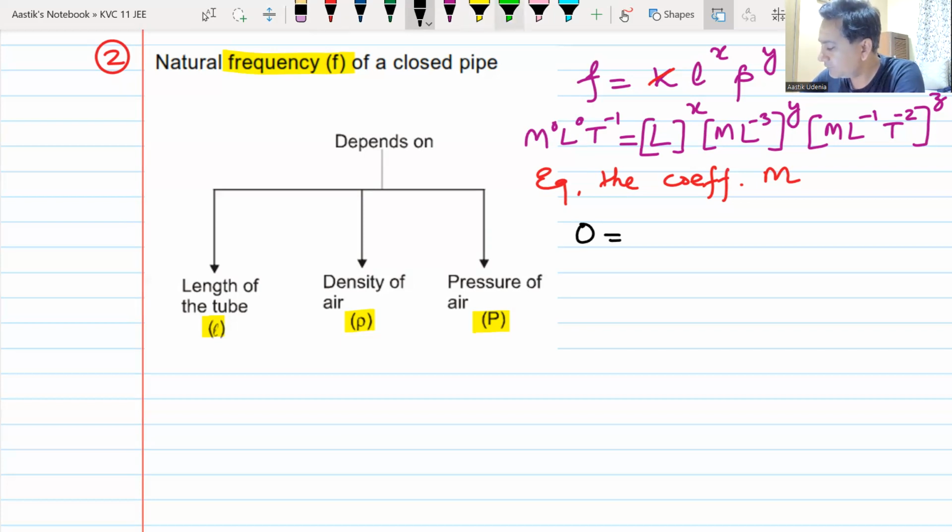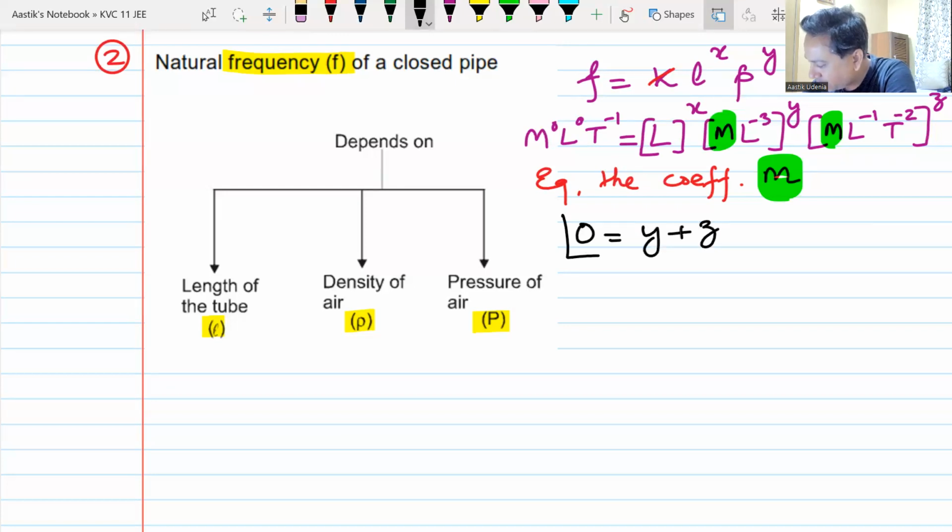M, the green Hulk. Look at the green Hulk. Y plus Z. Yes. See, if you train your brain, it is all about training your brain. Your brain is going to respond. If you don't train it, it will never respond. Okay. So 0 is equal to Y plus Z.